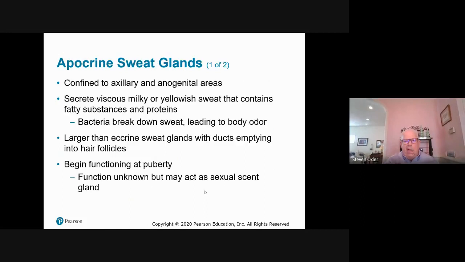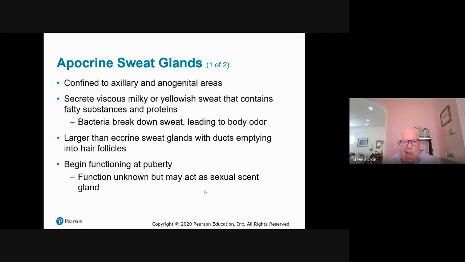The apocrine sweat glands. The apocrine sweat glands are confined to your axillary areas and your anogenital areas. It secretes a different kind of sweat. It secretes a thick, milky, or yellow sweat that contains fat and protein.